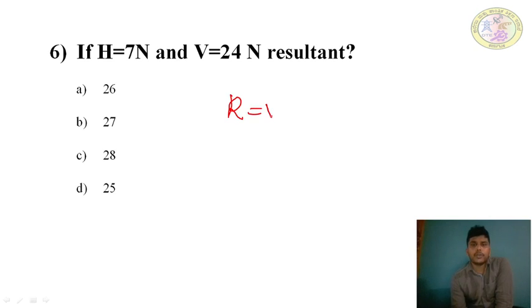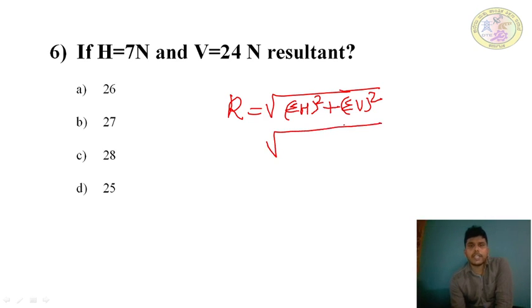Resultant is equal to the square root of sigma H square plus sigma V square. Here sigma H we know, 7 Newton, 7 square plus 24 square.